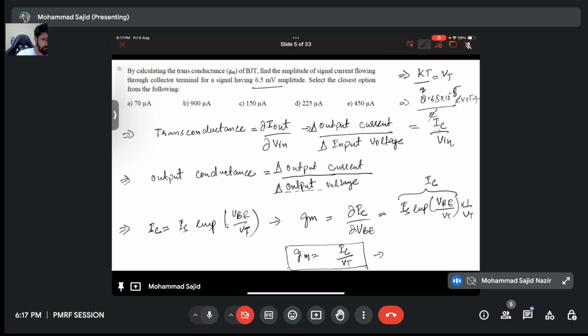Multiply it with temperature, which will be room temperature. But this is in Kelvin, right? So you have to convert your degrees to Kelvin. So this will be 8.65 multiplied by, let's say, 300, and you have 10 to the minus 5. So this comes out to be around 26. So you can use this formula to calculate VT.